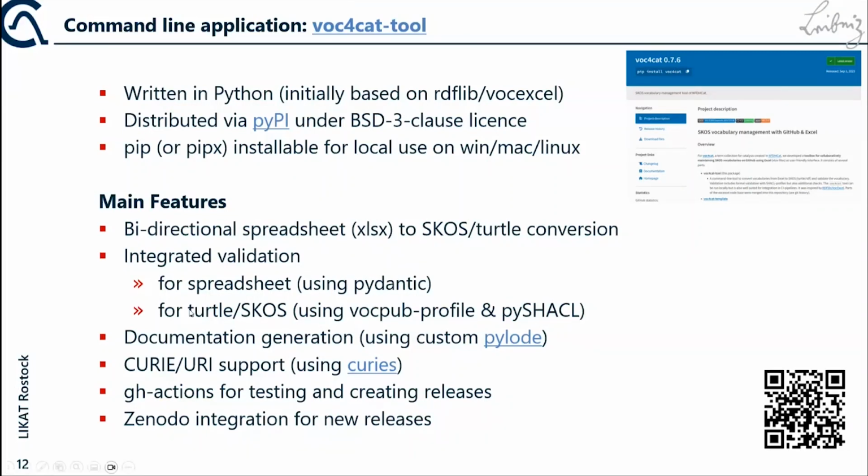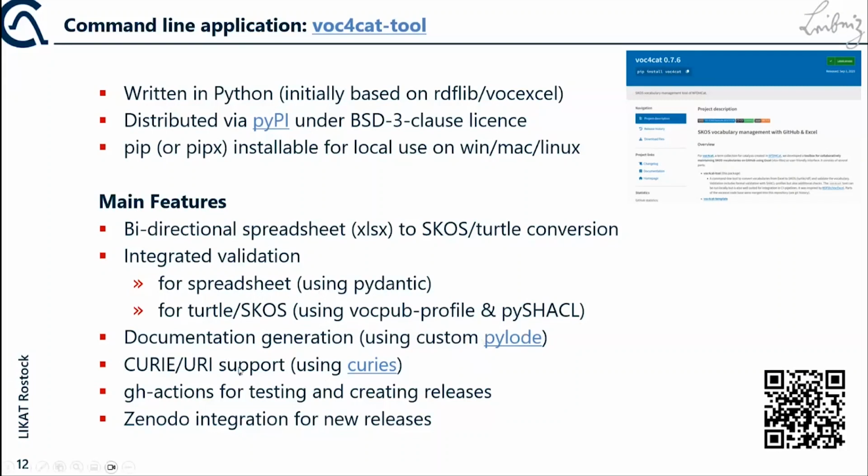It also has integrated validation for the spreadsheet, which is based on Pydantic mainly. And for Turtle SKOS, we use a vocpub profile and pySHACL. The documentation generation is done via pyLODE, but there we needed a custom version to fix some bugs and adjust it to our multi-version handling.